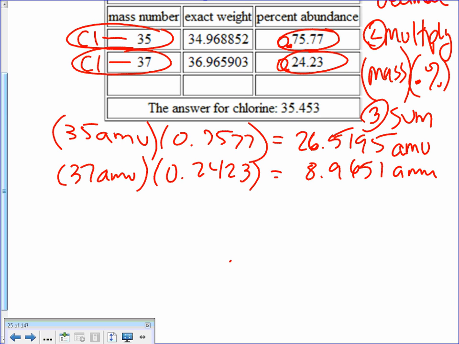Okay. So once we get that, do write this down for yourself because that way I can verify your work. Add those together. So much you get. 35.4846.